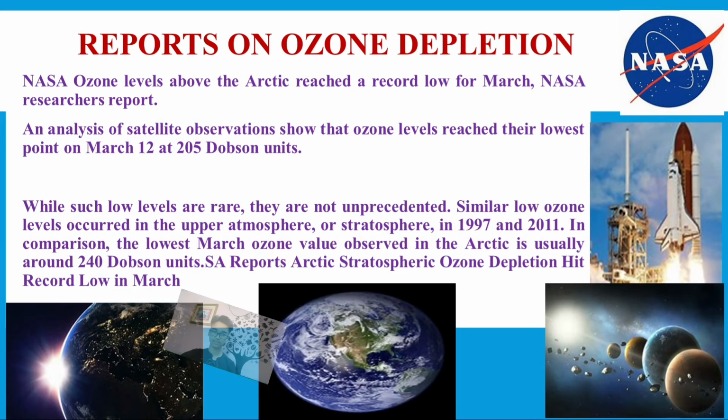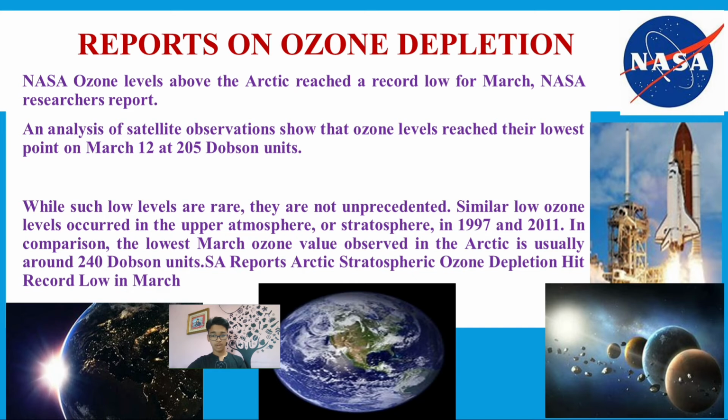Reports on ozone layer depletion. NASA: ozone levels above the Arctic reached a record low for March. NASA researchers report that an analysis of satellite observations showed ozone levels reached their lowest point on March 12 at 205 Dobson units. While such low levels are rare, they are not unprecedented.